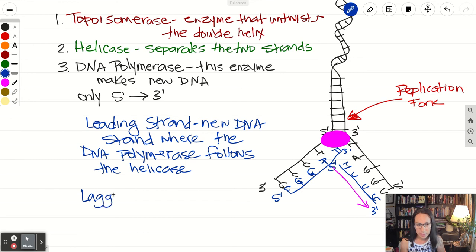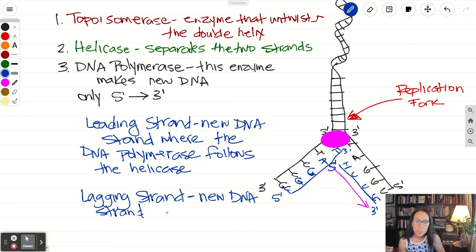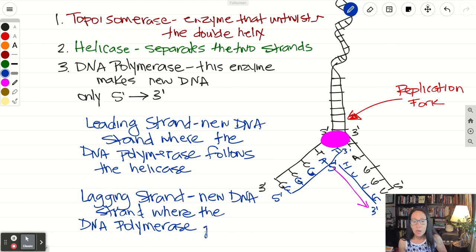The lagging strand is the new DNA strand where the DNA polymerase goes in the opposite direction of the helicase.